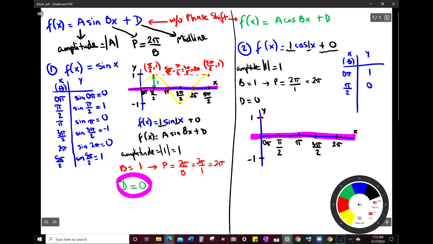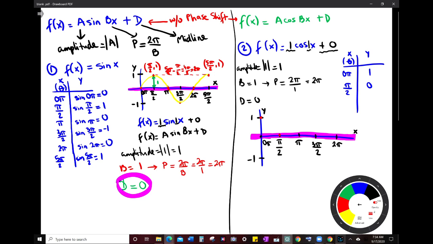And if you actually pay attention to the graphs of sine and cosine, they both follow the same pattern. If you have a high point, which is the maximum point, and then the next one that we choose will be on the midline, and then the next one will be the minimum point.